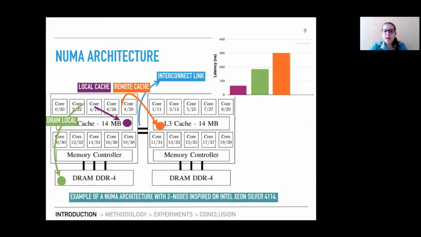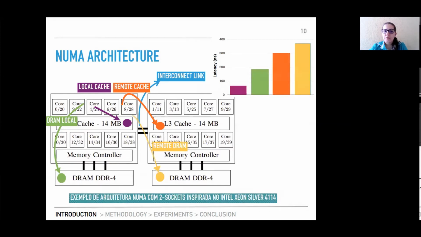The remote access in the last level cache is 3 times the cost. Finally, the most expensive access is remote DRAM, approximately twice the cost of accessing local memory. In our research, we showed that the difference in latency costs affects the performance of array database systems.